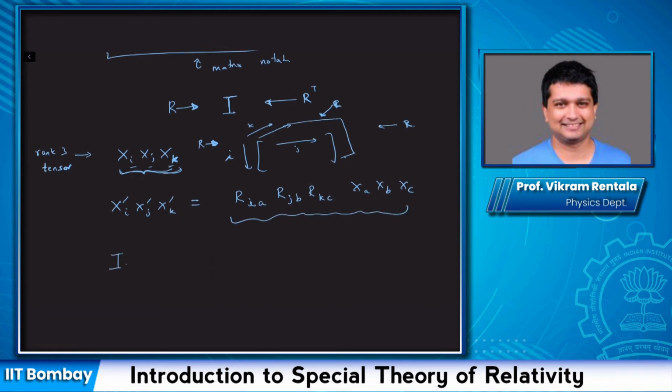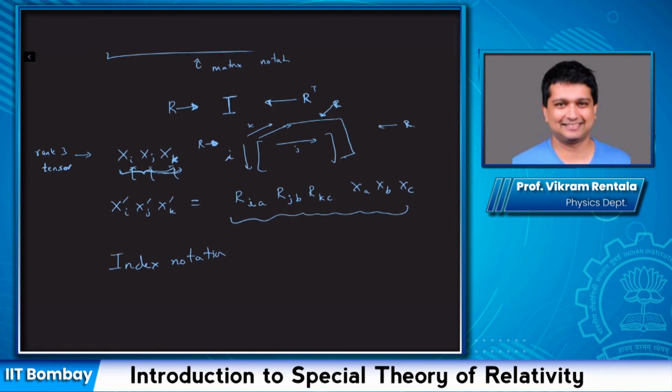So this is where the power of index notation comes in. For rank 3 or higher tensors, it's much easier to write the transformation rules using index notation. You'll see that the way we've constructed this, i runs from 1 through 3, j runs from 1 through 3, and k runs from 1 through 3.